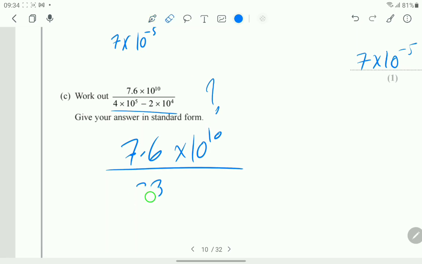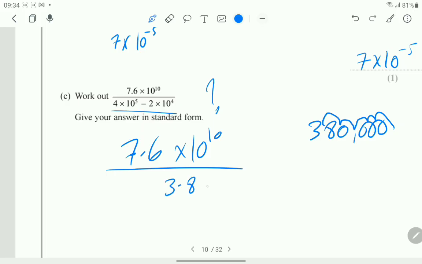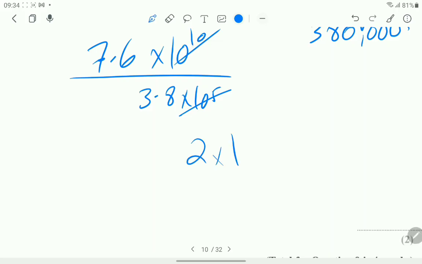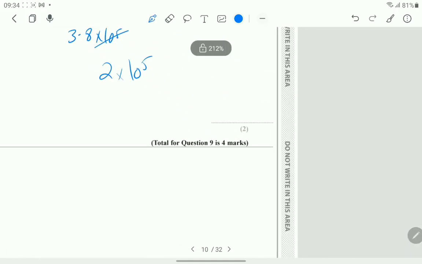Well, technically the denominator gives us 380,000, and I need to make it 3.8, so I would go 1, 2, 3, 4, and 5. So it would be 3.8 into 10 raised to the power 5. So it cancels and we have 10 raised to the power 5, and 7.6 divided by 3.8 is 2, so we get 2 into 10 raised to the power 5, our final answer.